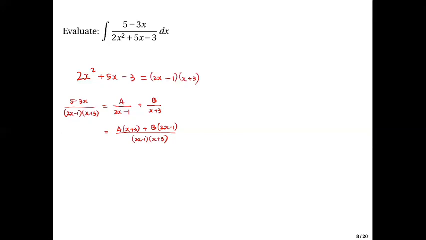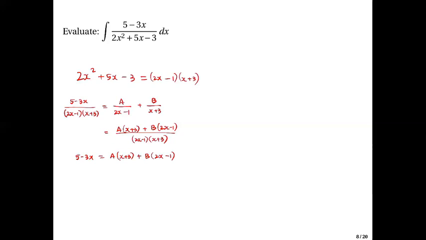So if we compare the numerators, we'll just have 5 minus 3x equal to a times x plus 3 plus b times 2x minus 1. We solve for a and b.